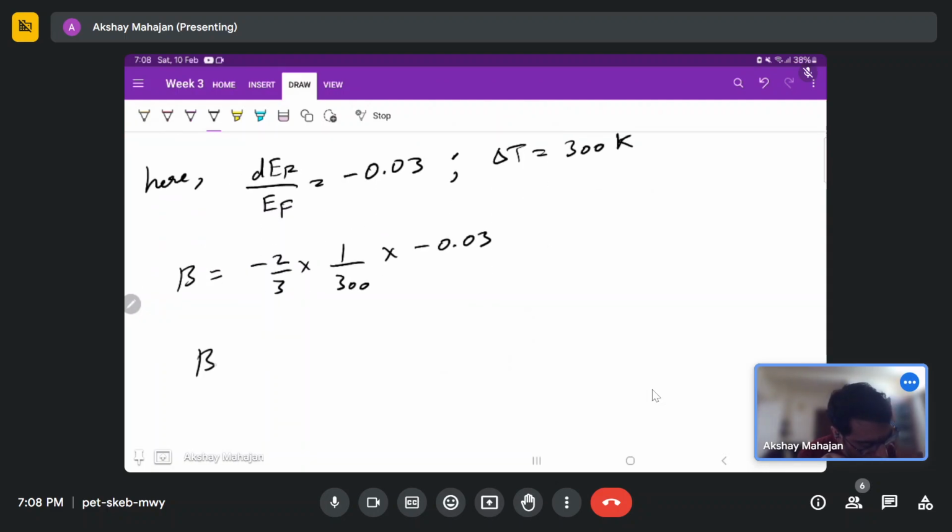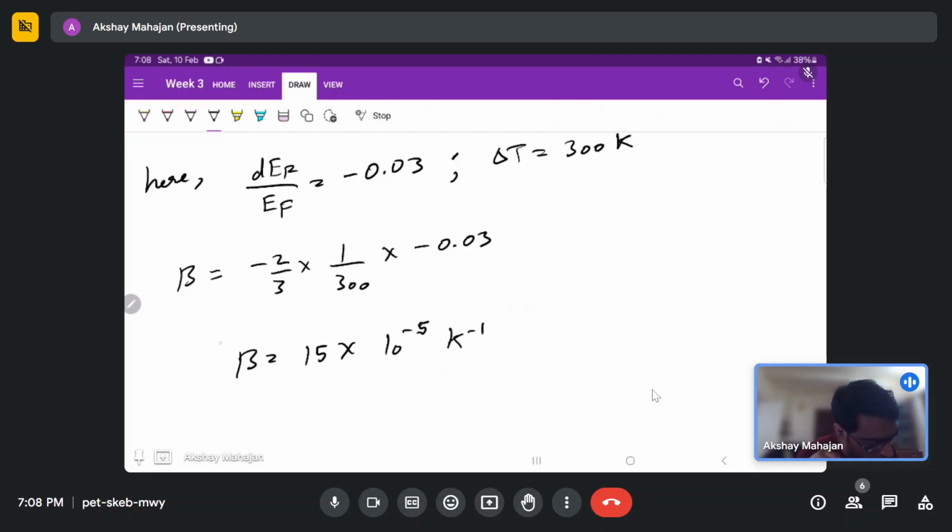So beta from here will come as 15 into 10 to the power minus 5 Kelvin inverse.